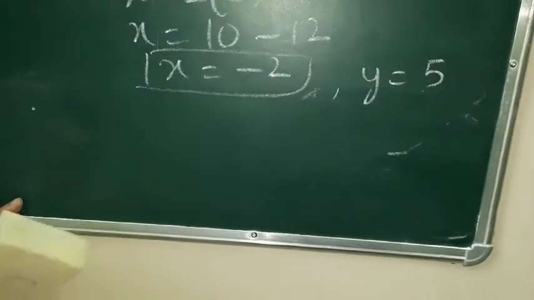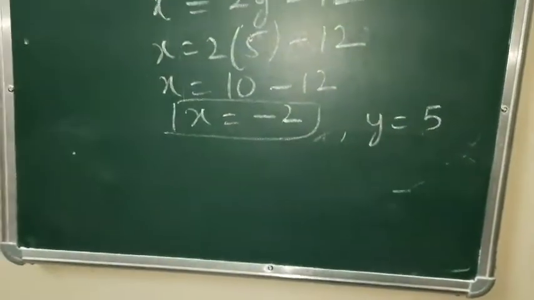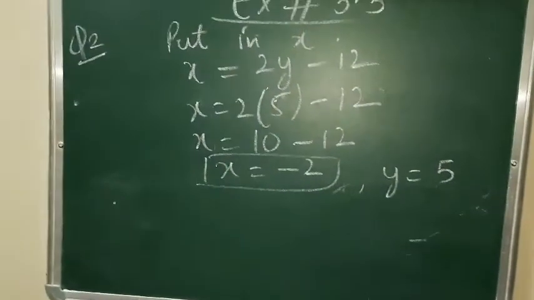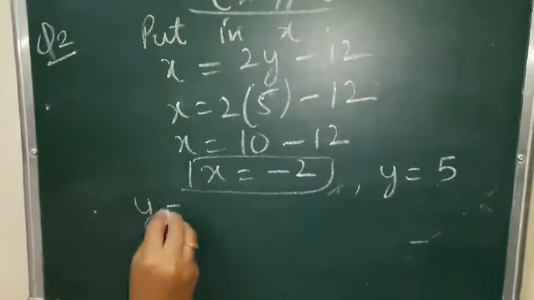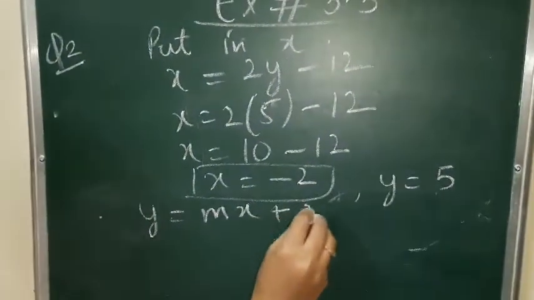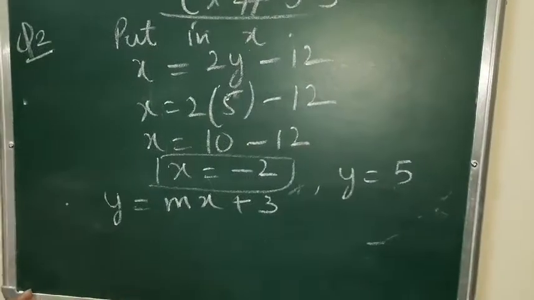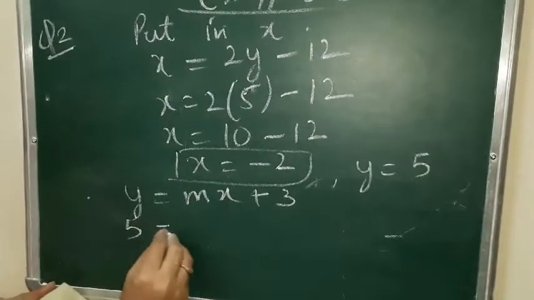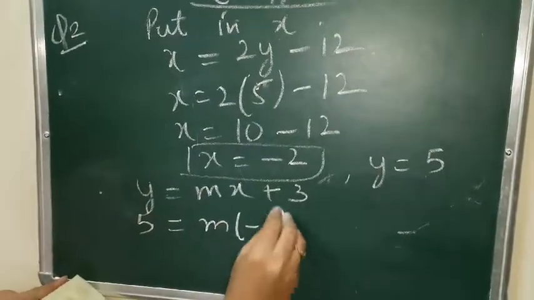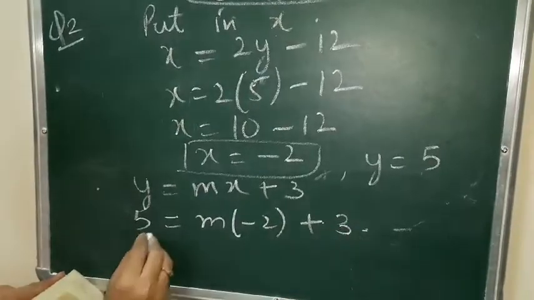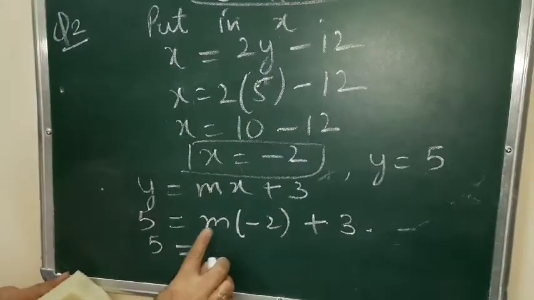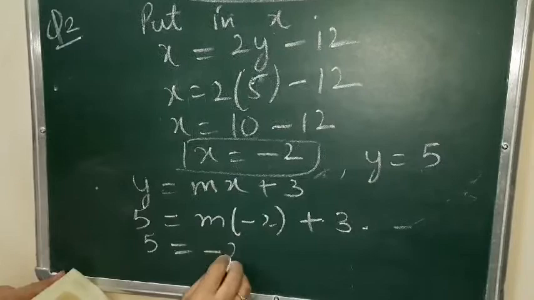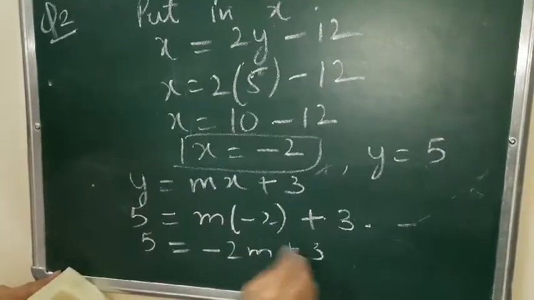Now it is given, find the value of m so that y is equal to mx plus 3. So we have got both the values. Put these values. y is 5, m, x is minus 2, plus 3. So 5 is equal to m into minus 2, minus 2m plus 3.